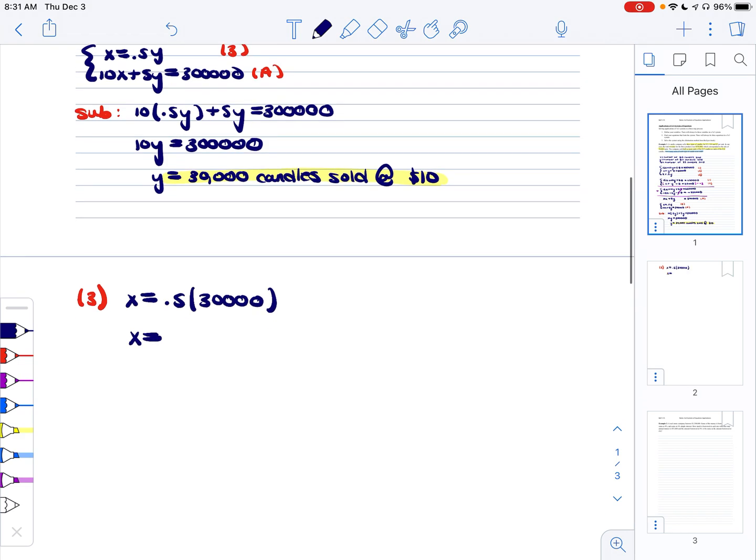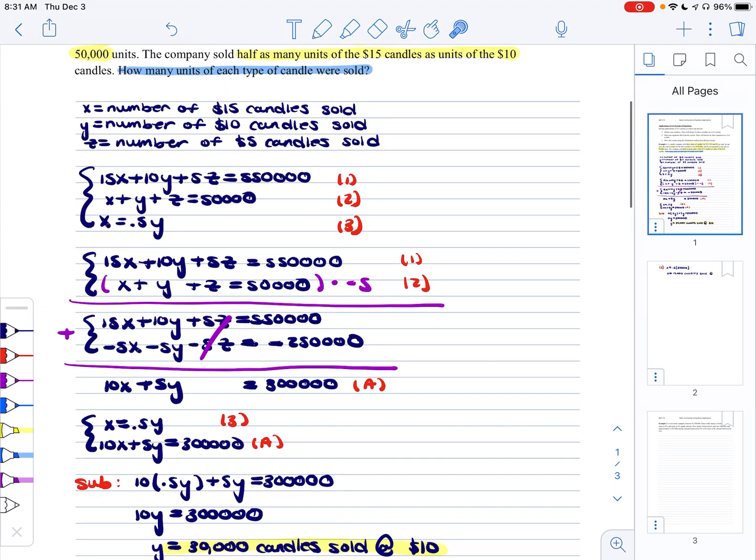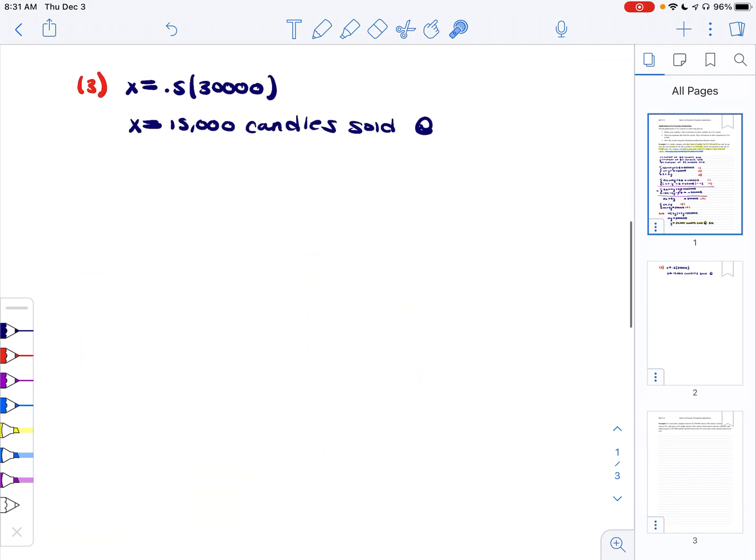And that would just give us x is 15,000 candles sold. x, if you recall, was the number of $15 candles sold. So that is our second variable.